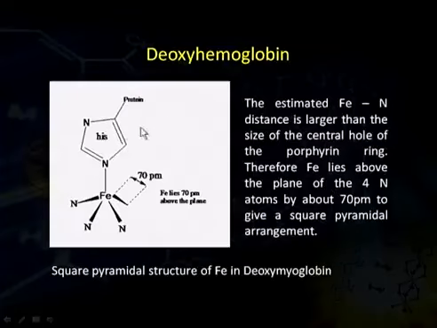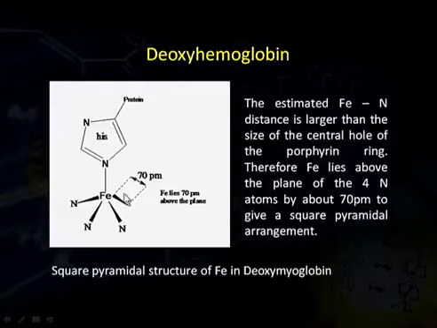This is the structure of deoxyhemoglobin, and here we can see that the iron lies above the plane of the 4 pyrrole nitrogens. The estimated iron nitrogen distance is larger than the size of the central hole of the porphyrin ring.